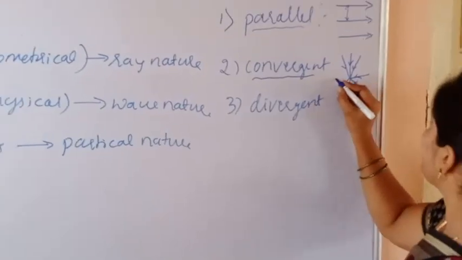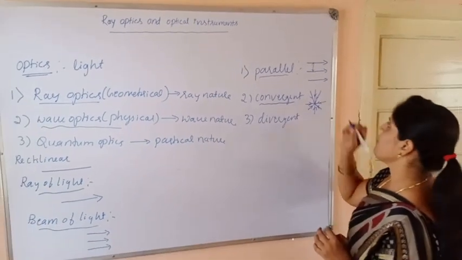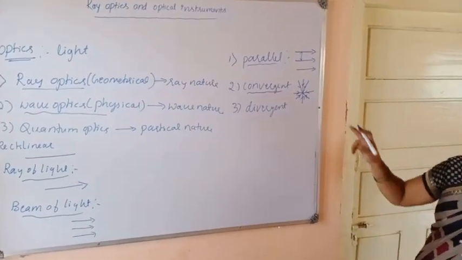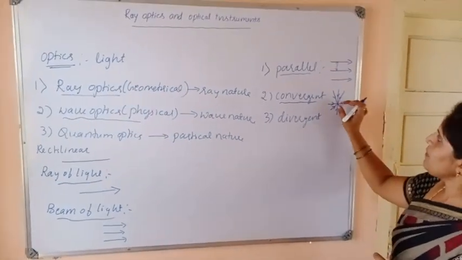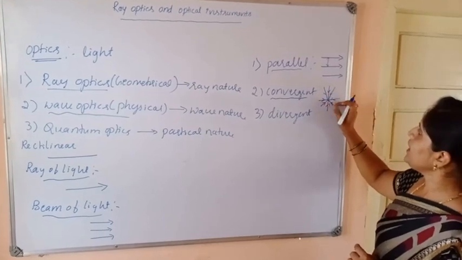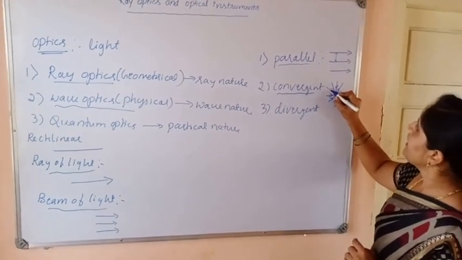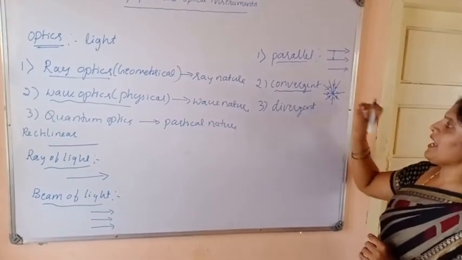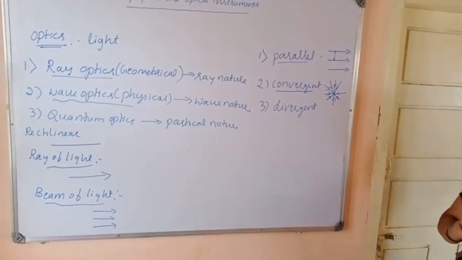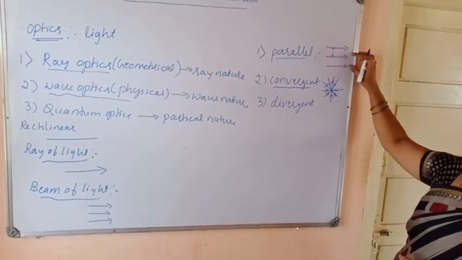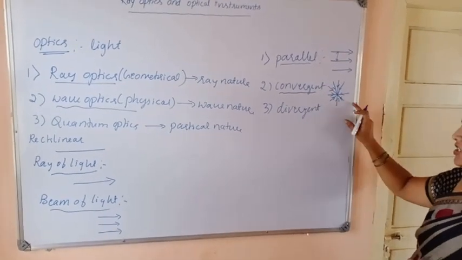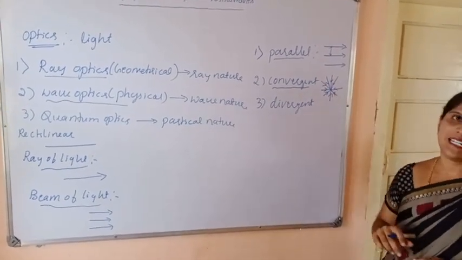In a convergent beam of light, the width between the two rays goes on decreasing. But in the case of a parallel beam of light, the width remains constant.